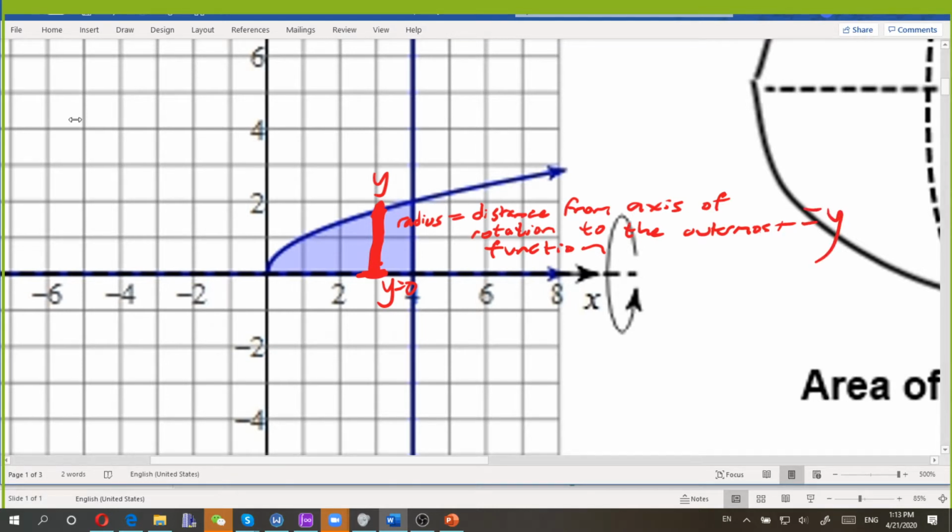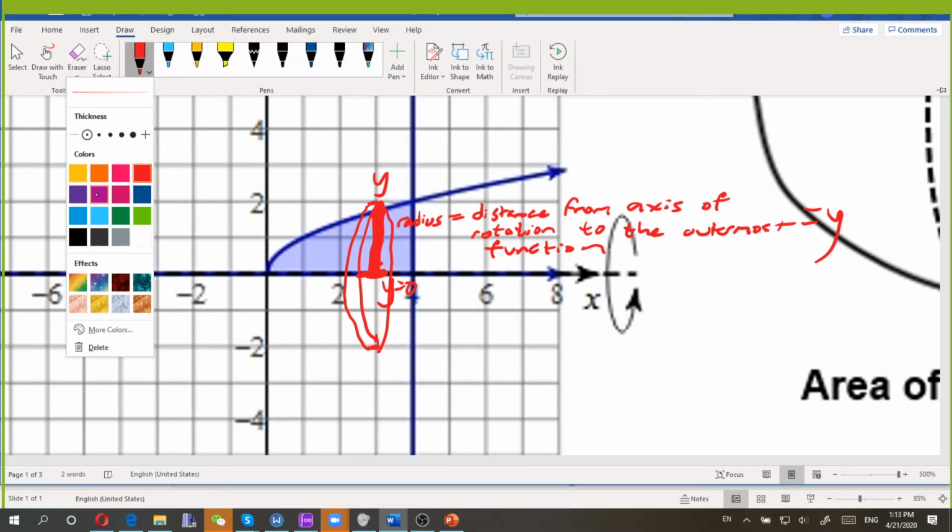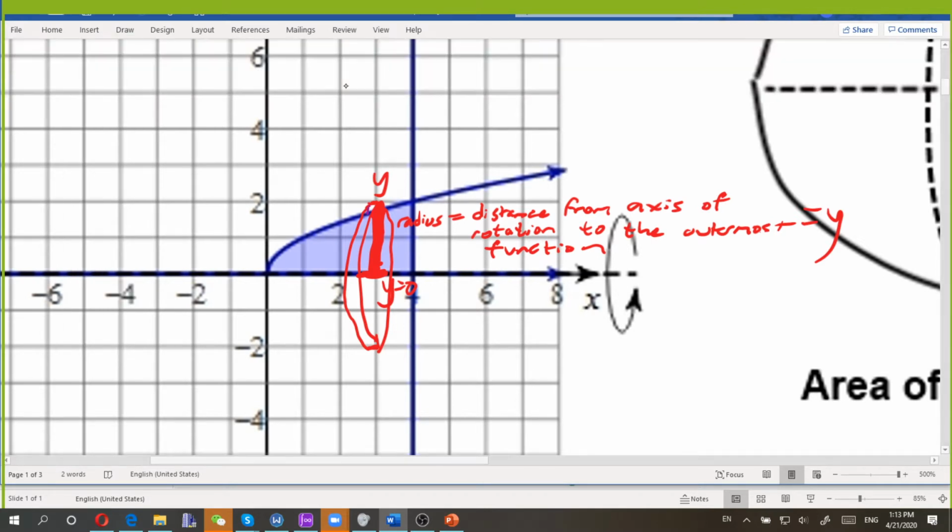Okay, so my radius is y, then I can use that to create a disk, which would look like this, that we will spin about our axis of rotation. So if I use the same color as last time, then I have an infinitely small depth to that disk that I'm spinning about the axis.